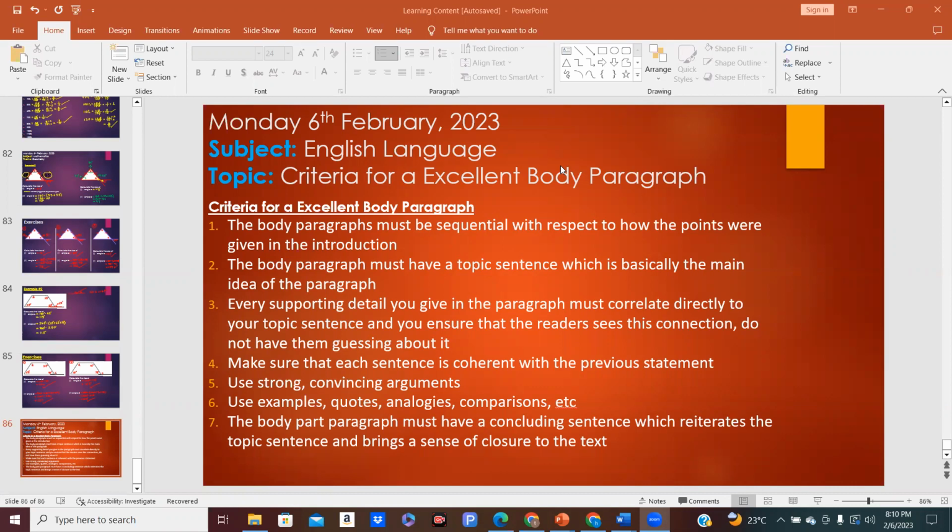If you said that crime is increased due to lack of a good family structure, unemployment, and the government, then in your first body paragraph, you're going to talk about the very first thing that you mentioned in the introduction, then the next thing and the next thing. And you must keep the order. The order must be the same.